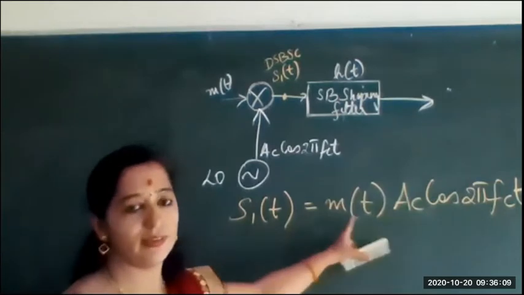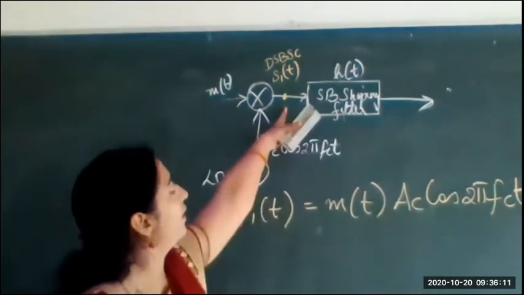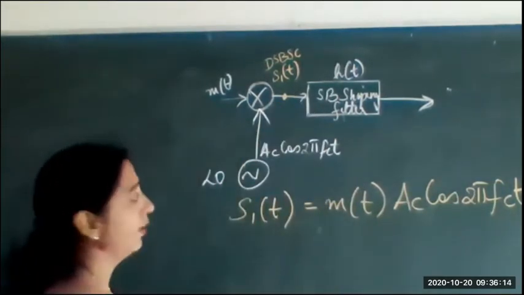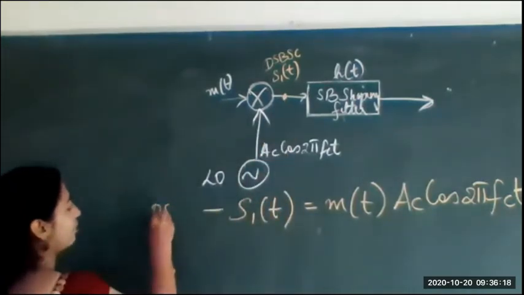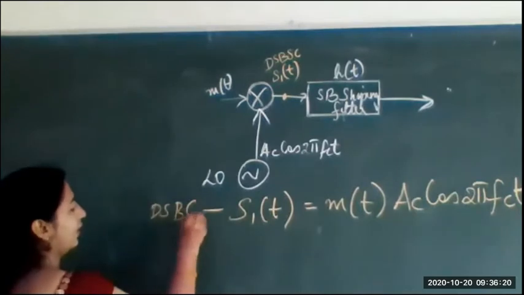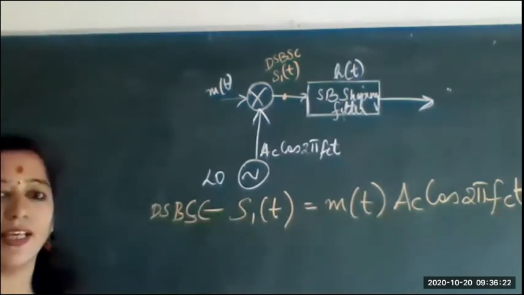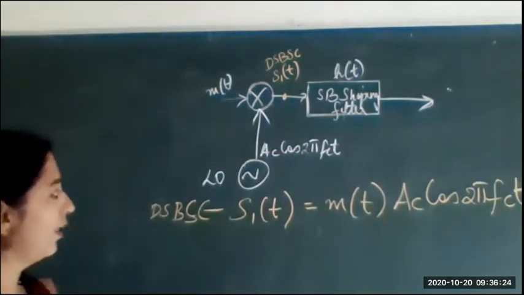So this is the signal at this point, S1 of t, which is the DSB-SC, double sideband suppressed carrier signal.